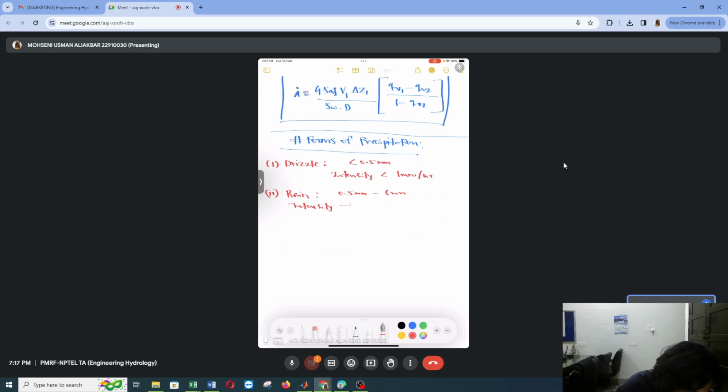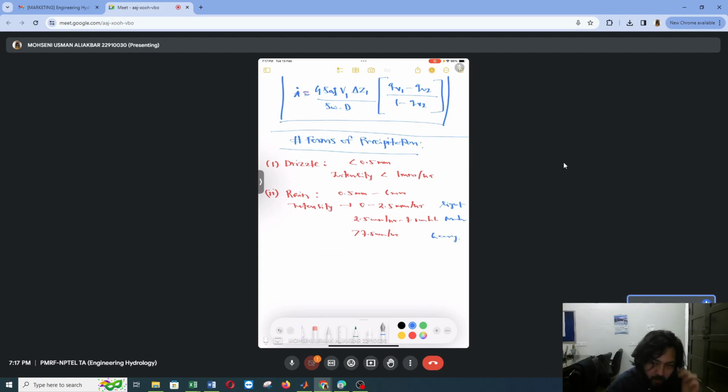Let us say the intensity of rain is between 0 to 2.5 mm per hour, or 2.5 mm per hour to 7.5 mm per hour, or greater than 7.5 mm per hour. Based on this we can say that the rain is light rain, moderate rain, or heavy rain.